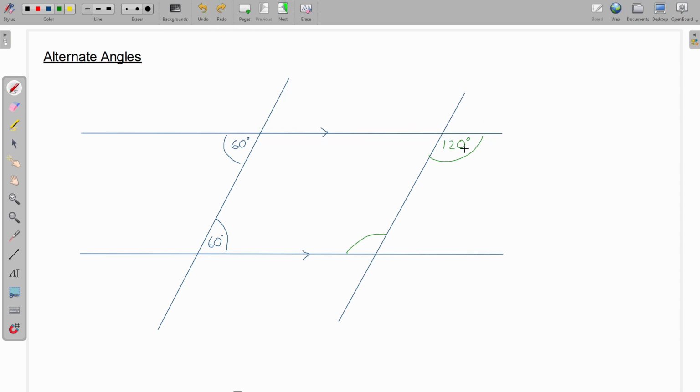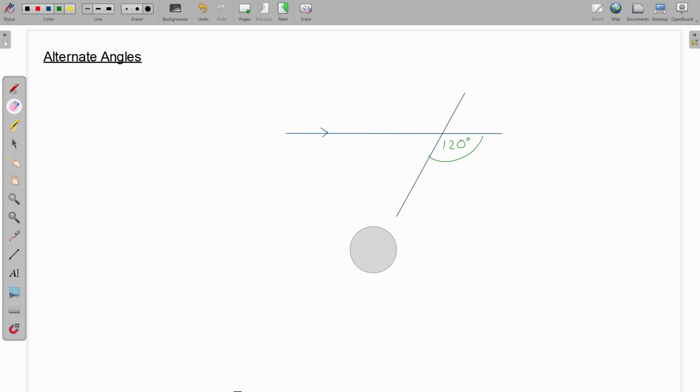Which means, if this side's 120, this angle will also be 120. So we can use alternate angles as a principle to find the value of angles. However, in any straight line geometry, we need to provide proof of that statement.